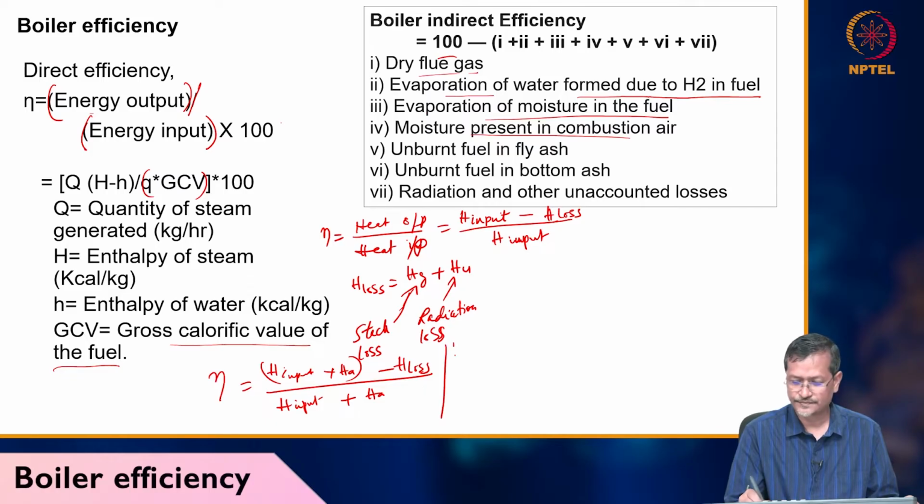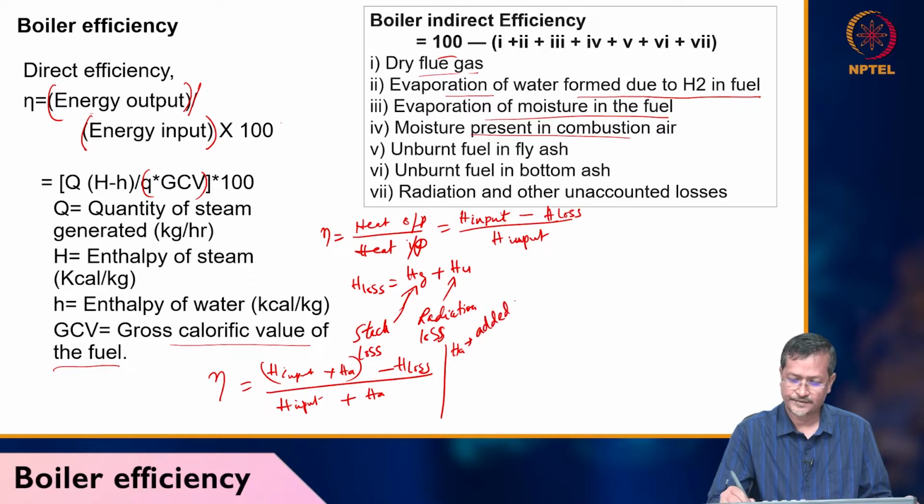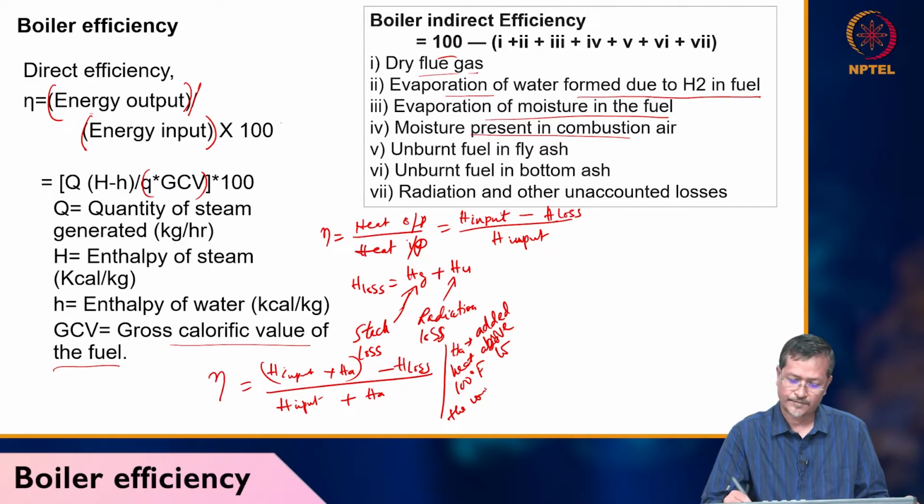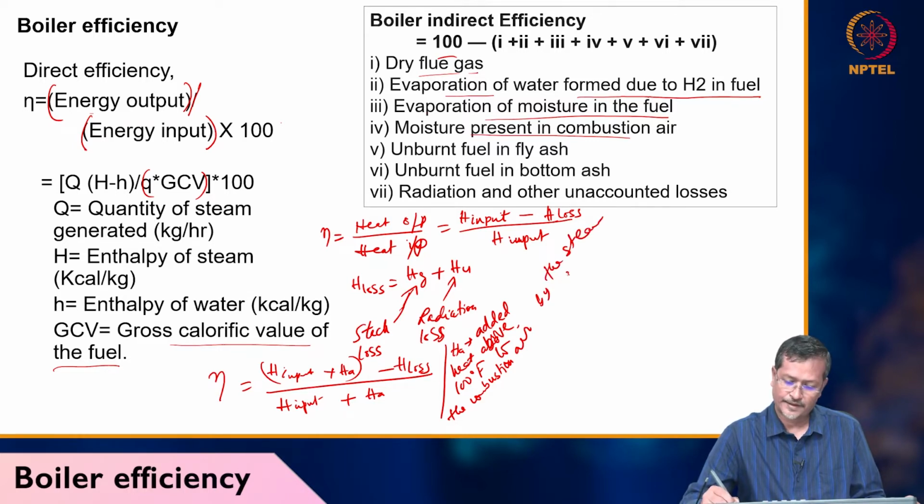Ha is the added heat above 100 degree centigrade to the combustion air by the steam air heater.